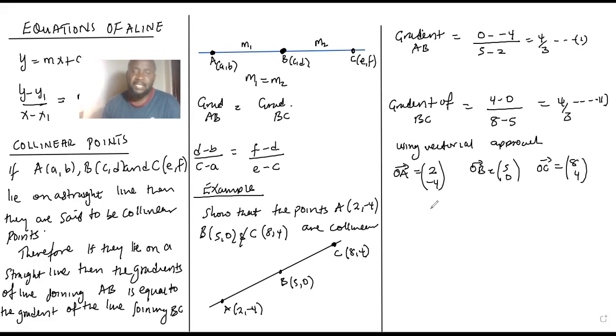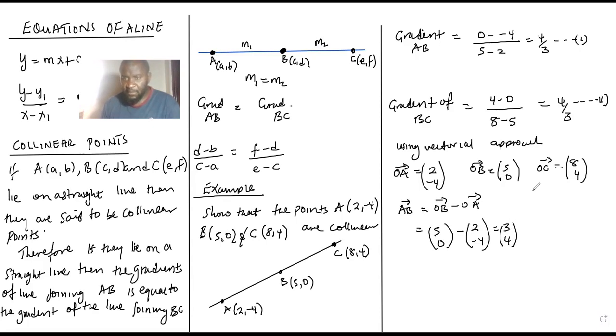Now, for collinearity, the vector AB is equal to OB minus OA, which gives us (5, 0) minus (2, -4). And this gives us (3, 4). Whereas BC can be got from OC minus OB.